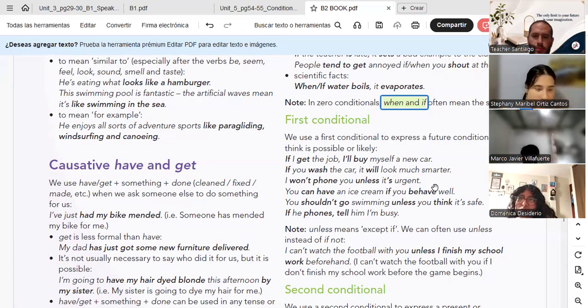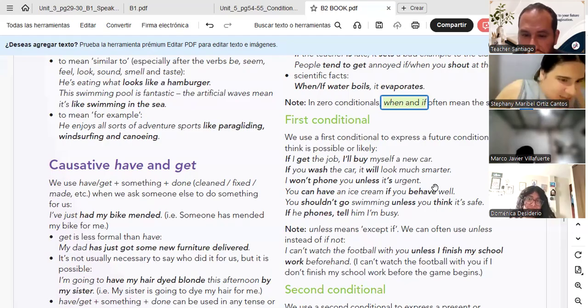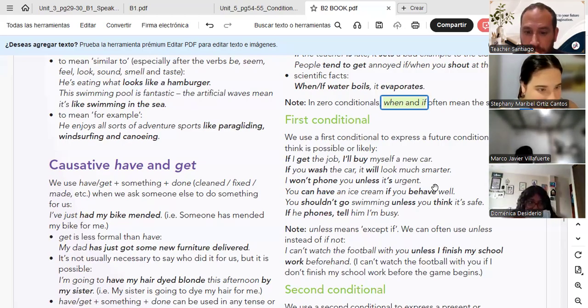I won't fund you unless it works. You can have ice cream if you behave well. You shouldn't go swimming unless you think it's safe. If he calls, tell him I'm busy.